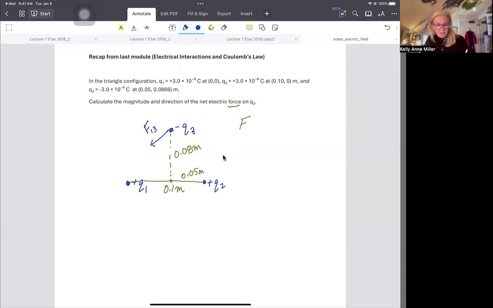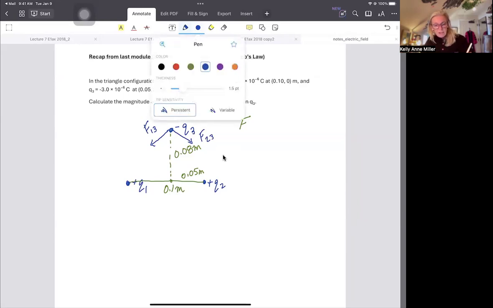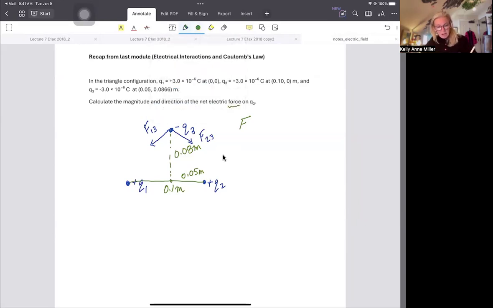That's that vector. And then there'll be a symmetrical vector over here, which will be the force of 2 on 3. Okay, and I hope it's easy to see that because of symmetry, this is essentially an equilateral triangle, what I've just drawn there in green. And then those two force vectors are equal in magnitude.